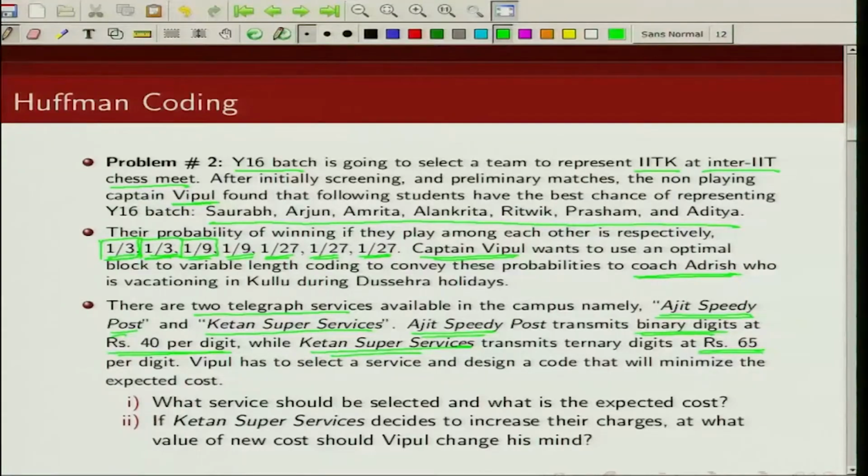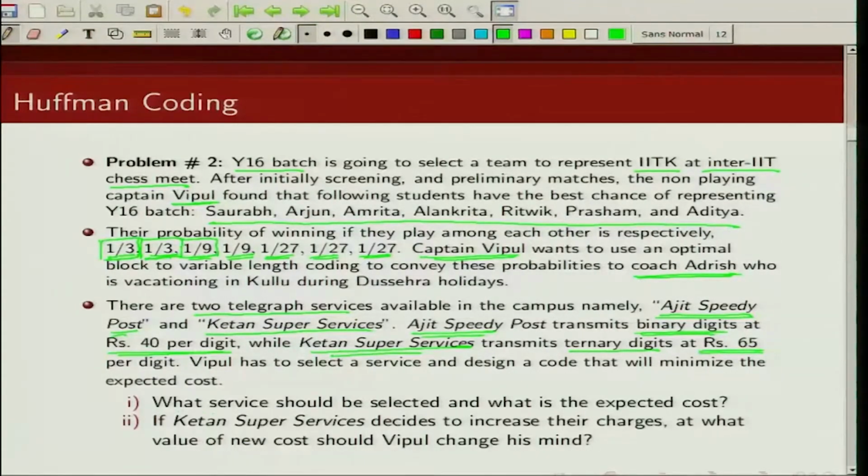Now Vipul has to select one of these telegraph services. He has to either select Ajit Speedy Post, which sends binary bits and charges 40 rupees per bit, or he has to choose Ketan Super Services, which transmits ternary bits and charges 65 rupees per ternary bit.